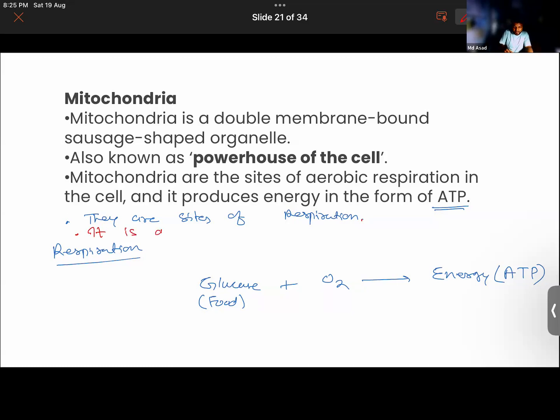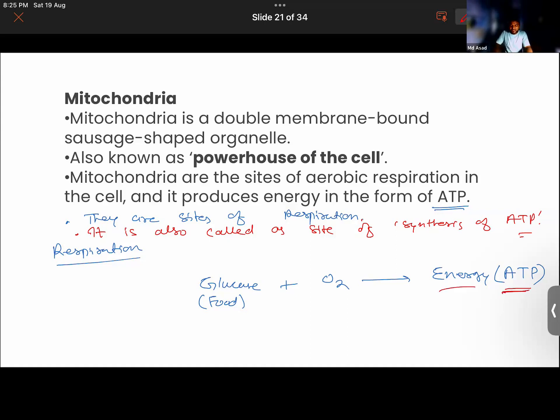It is also called the site of synthesis of ATP. Getting it? So why have we said it is the site of synthesis of ATP?